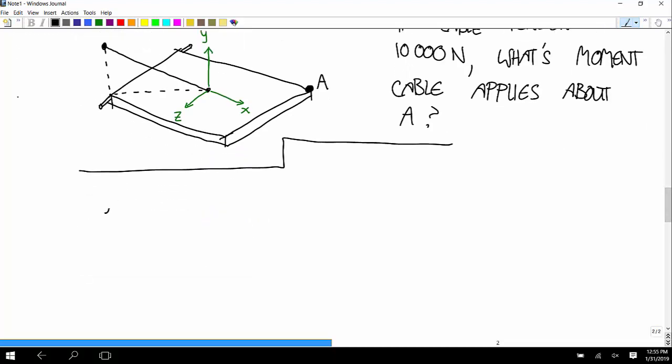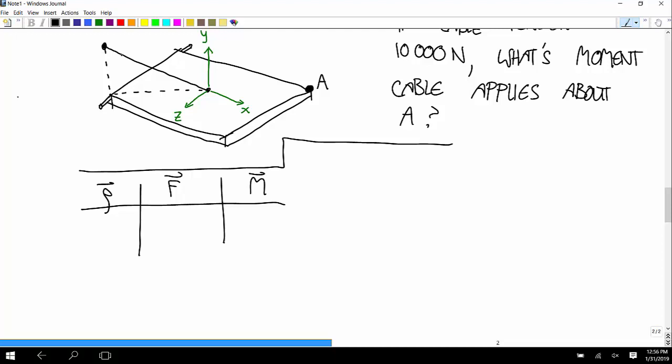Okay, well, I'm going to write out rho, force, moment. This time, in general, we don't expect any zero components. I mean, sometimes you get them, but they can all be non-zero. We're only dealing with the one force, so we're only going to have one row in this table. So the row vector goes all the way from that point A to the point where the force is applied.